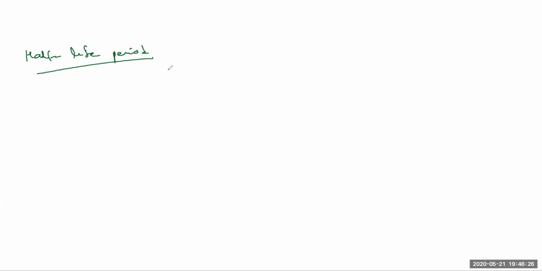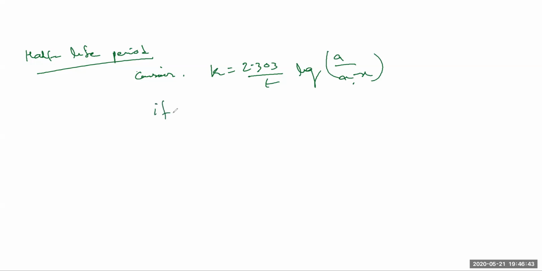Consider the rate constant k. k is equal to 2.303 by t into log of a by (a minus x), right? If t is equal to t half, then a minus x is equal to a by 2.